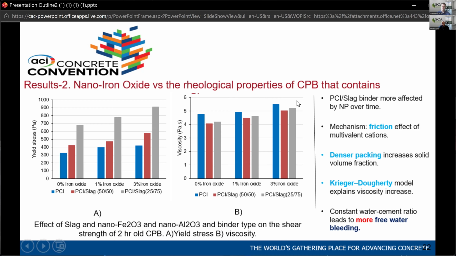There is more free water bleeding in the last one. That's why the viscosity is higher. Based on the other two mechanisms, the viscosity had to be less, but because of the free water bleeding, it is higher. This last one causes the higher density in the sample with 50% slag.